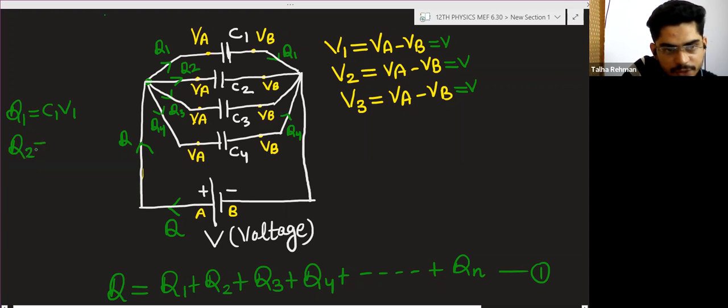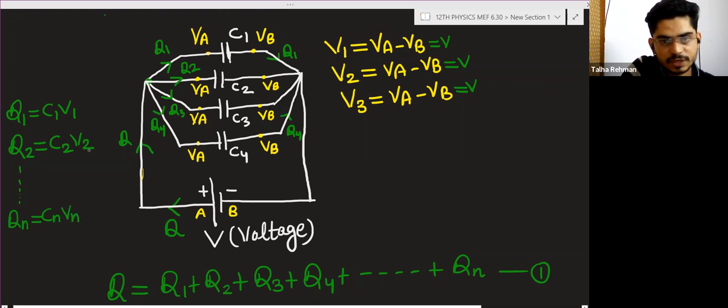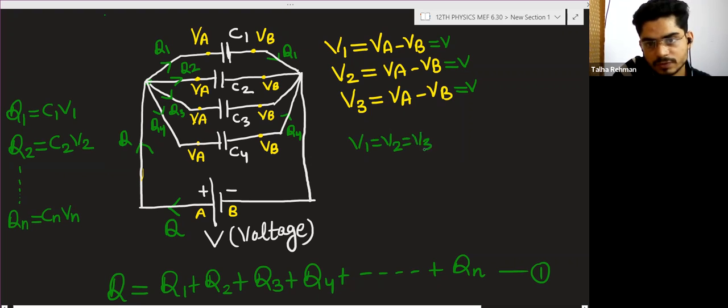If you want to calculate Q2, then it will become C2 V2 and so on. Qn is equal to Cn into Vn, and V1 is equal to V2 is equal to V3 is equal to Vn is equal to V.